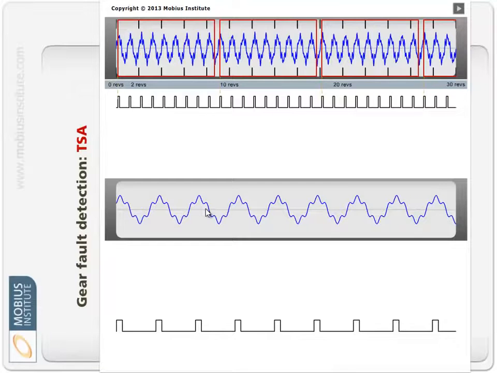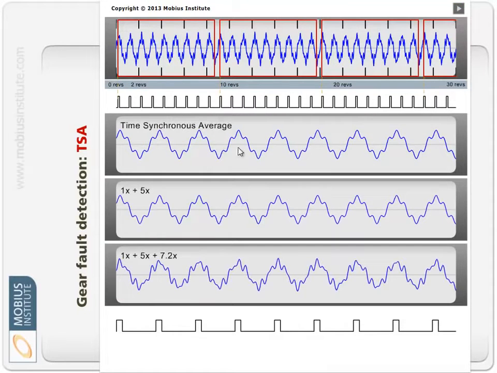So our bearing frequencies get averaged away, the noise gets averaged away, and the gears that are turning at a different rate also get averaged away. So the gears that are turning at the rate where this tack signal came from will remain. Any vibration synchronous with that will remain. Everything else will be removed.